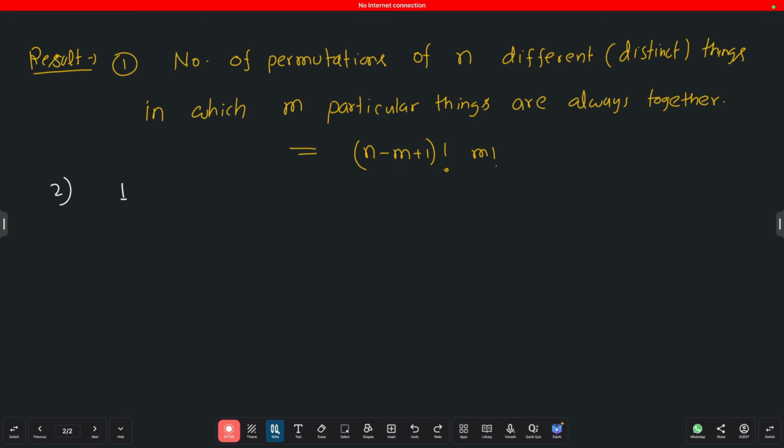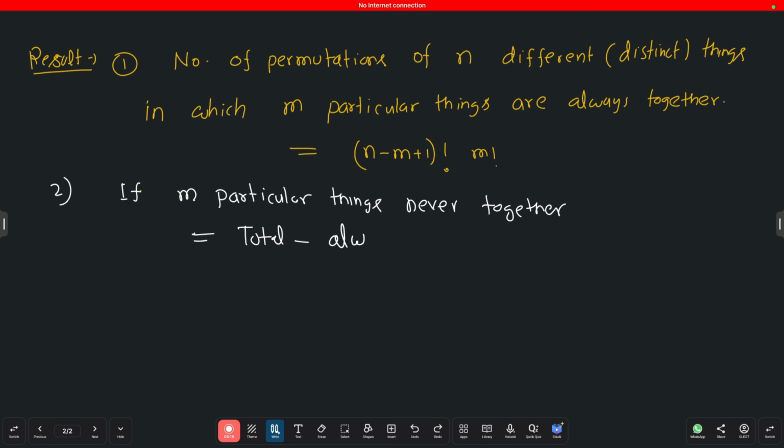So total permutation, because all are distinct, is n factorial, there is no division, n factorial minus n minus m plus 1 factorial into m factorial.